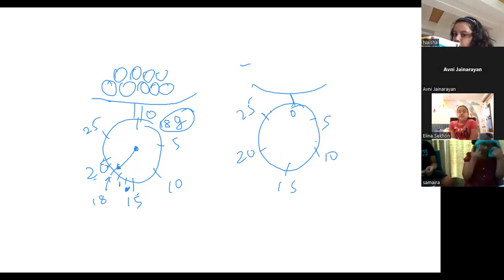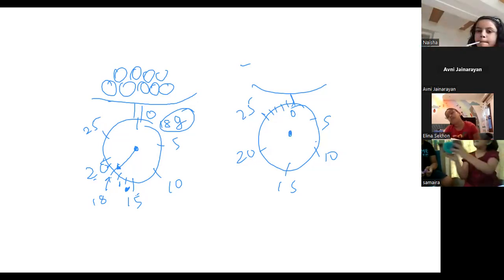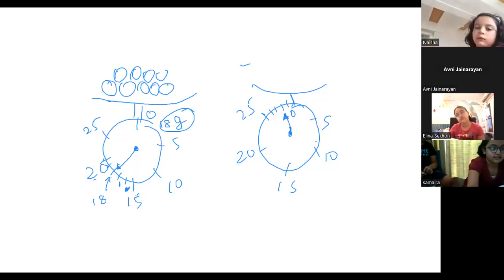And it has the same markings, 1, 2, 3, 4. Okay. And now my needle is somewhere here. Elena is going to tell me, what does the needle say? What is the value? 28. 25, 26, 27, 28. Good job. So it is 28 grams.